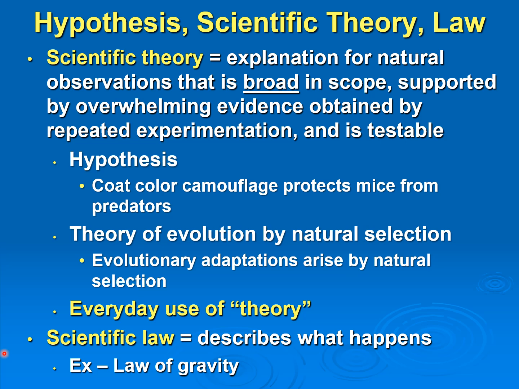And a lot of times these scientific laws will have a mathematical formula that can be used to predict what will happen. So that's how they're different than a scientific theory.